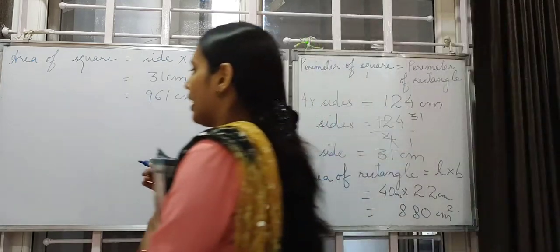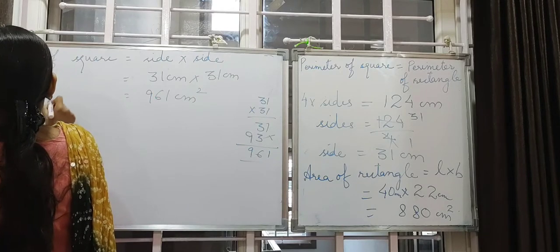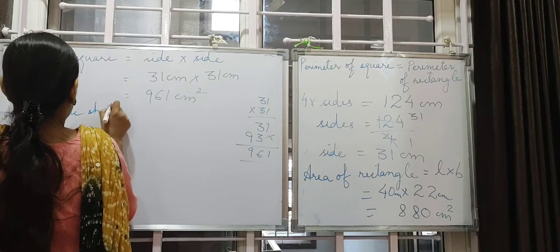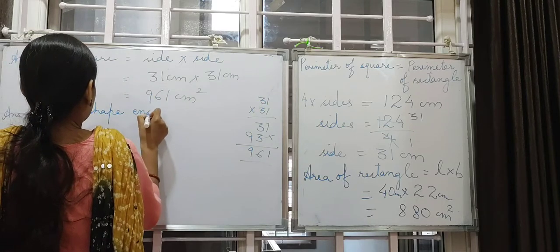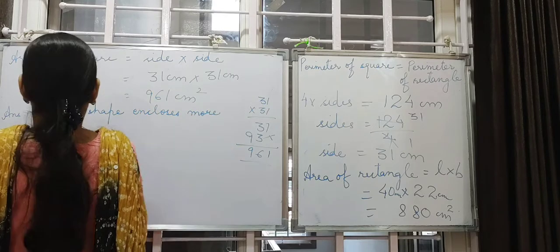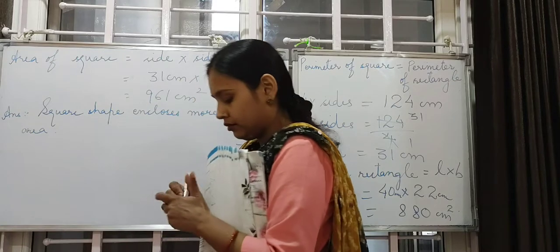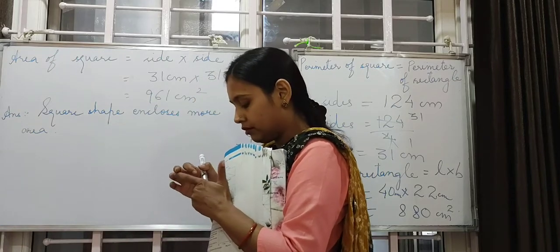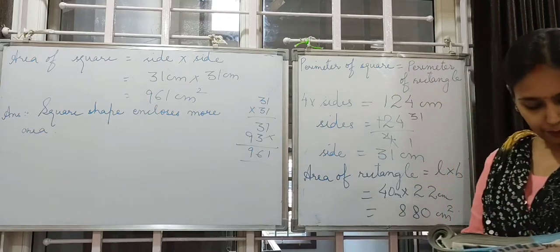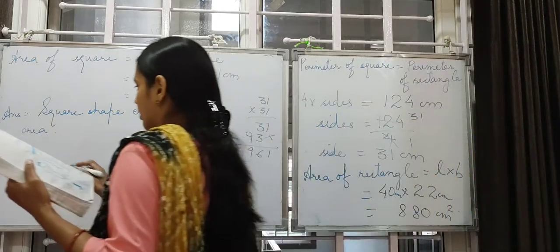So we'll write square shape encloses more area. So this completes question number 6. Now we start question number 7.